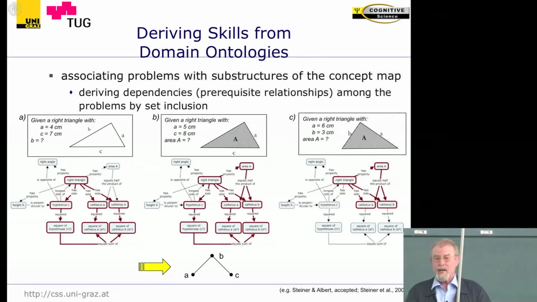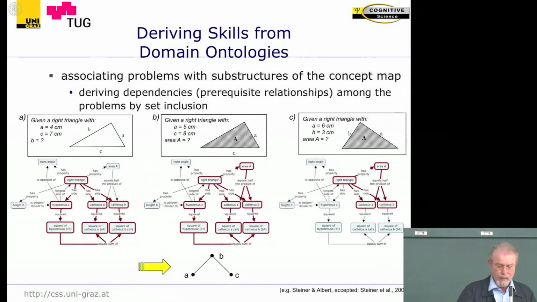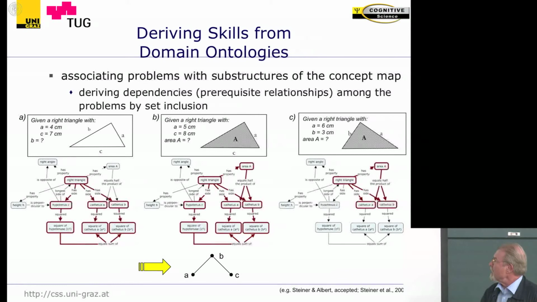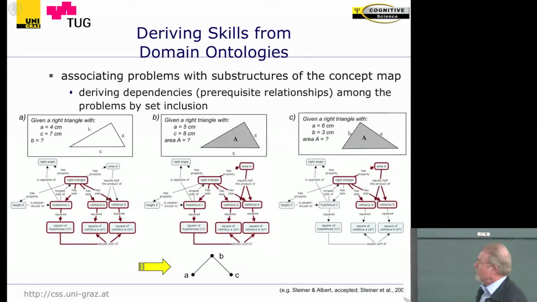And if we take again the subset relation, then we can order the problems using the concept maps assigned to each of the problems, because in our example, the concept map of problem A is in some sense a subset of the concept map of B.